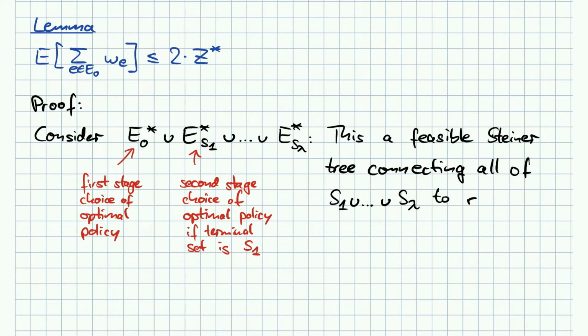And what are we doing in our first stage? In our first stage, we are actually taking a Steiner tree, which connects all of S1 through S lambda to the root.